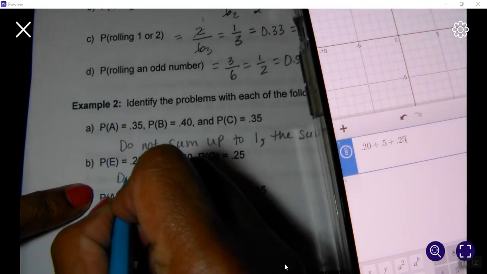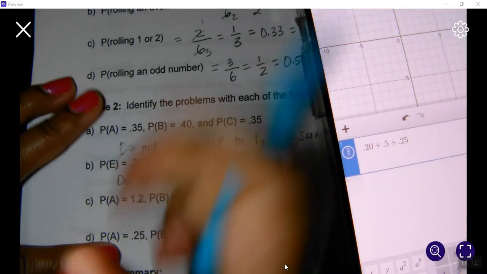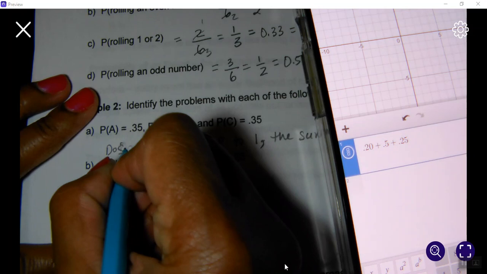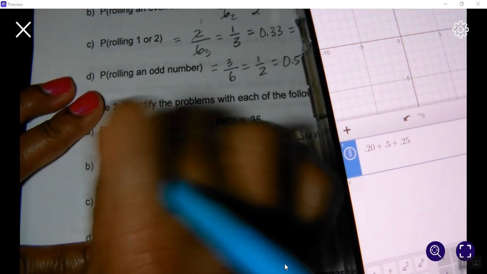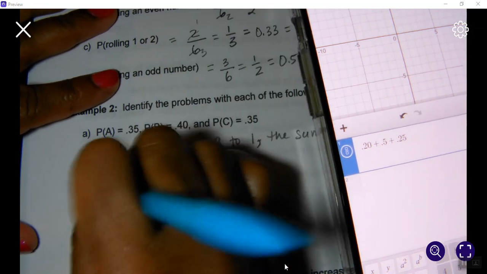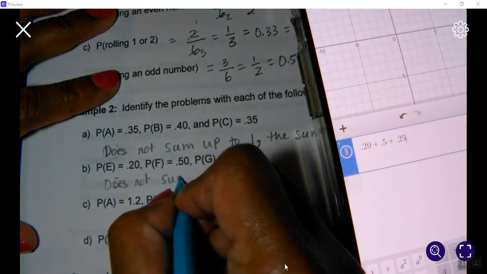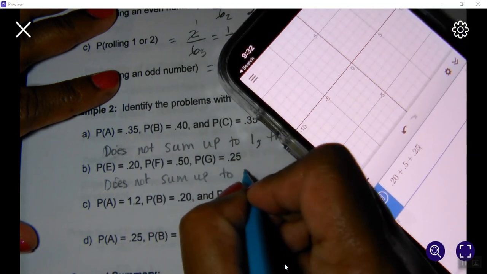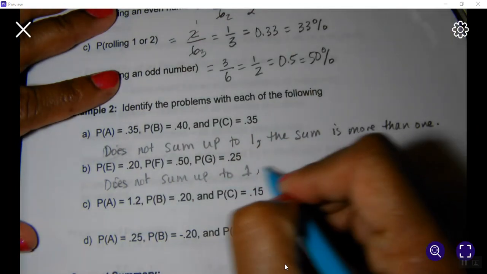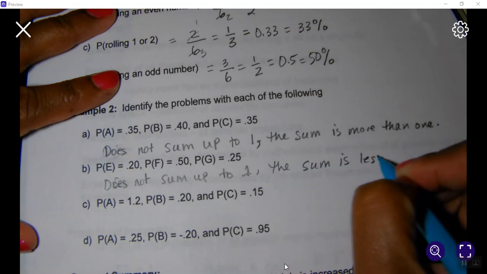Same thing. Does not sum up to 1. The sum is less than 1.